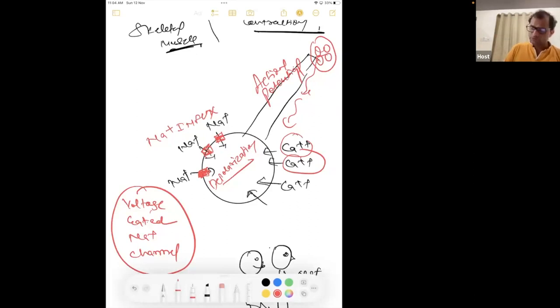Suppose if we block the calcium, muscle cannot contract. The calcium entry is mandatory to do the muscle contraction, right? We have to remember each and everything, because when doctors are giving medicines, what are they giving?